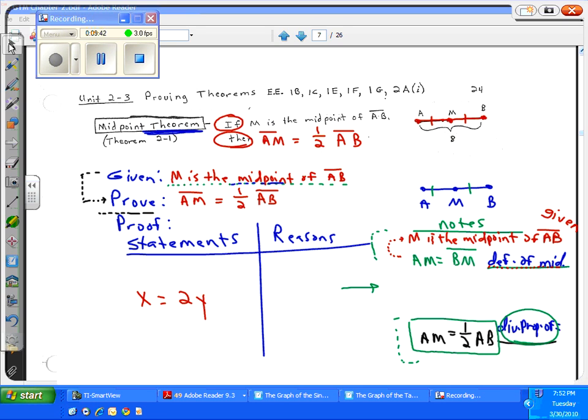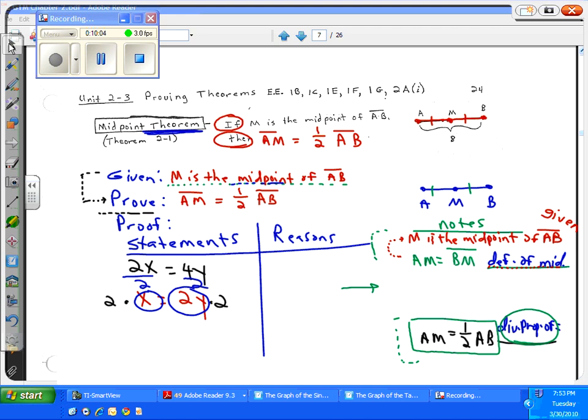The opposite of division is multiplication. So if I multiplied both sides by 2, I would get 2x equal 4y. So that if I divided by 2, I would end up with x equal 2y.